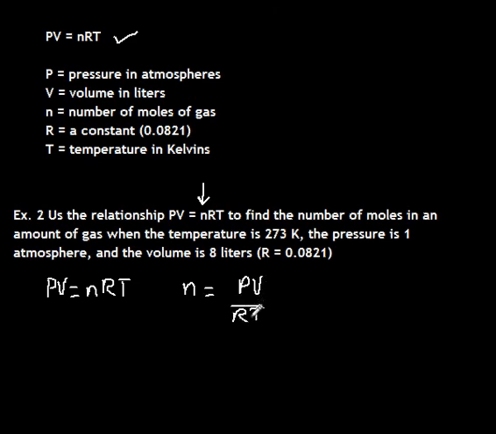When you're in physics and chemistry, a lot of the work that you do is just solving for the variable that you're looking for. That's why you need to know your algebra so well for those subjects. Then you just substitute in all your values. P for pressure is 1. V for volume is 8.